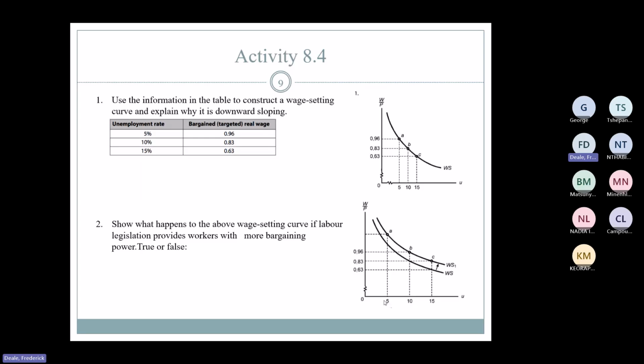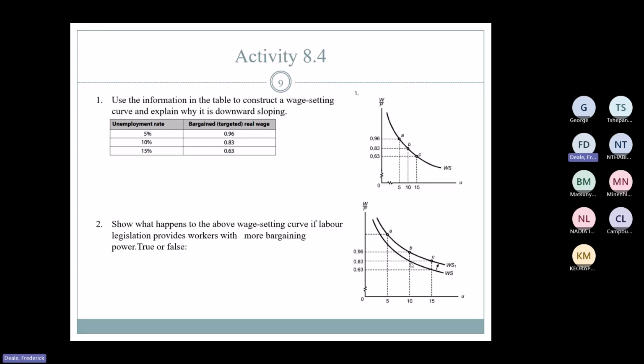So now, at an unemployment rate of 5%, instead of being at the 9.6, because the curve shifted to the right or upwards, depending on how you want to read it, you are higher than that 9.6, right? Because the curve shifted upwards, you've got more bargaining power. That means you're able to receive a higher real wage at that given level of unemployment.